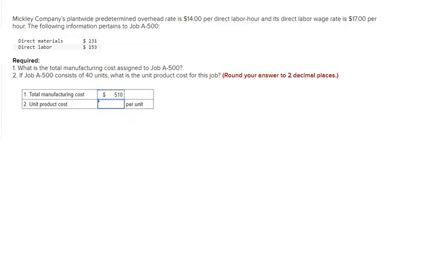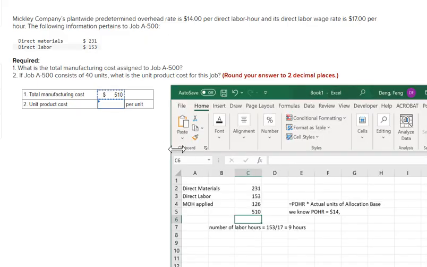And then what's the unit cost? We just take the total cost here and divide by how many units we produced. We produced 40 units. So the unit cost for job A500 should equal the total cost, which is 510, divided by 40 units.